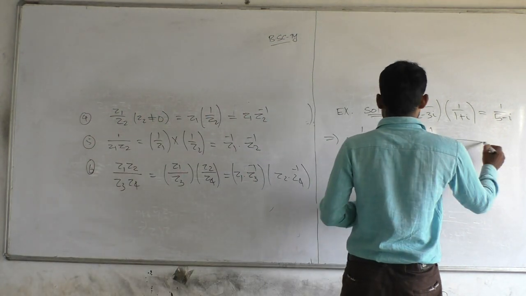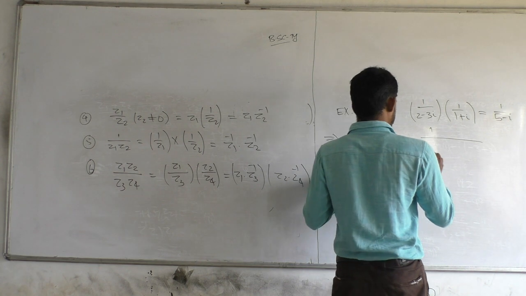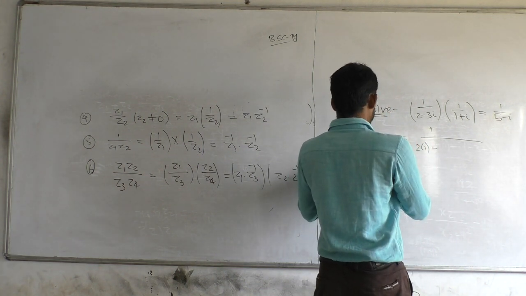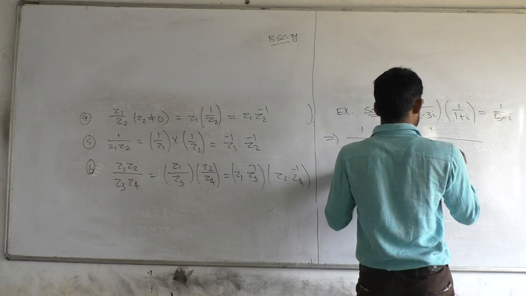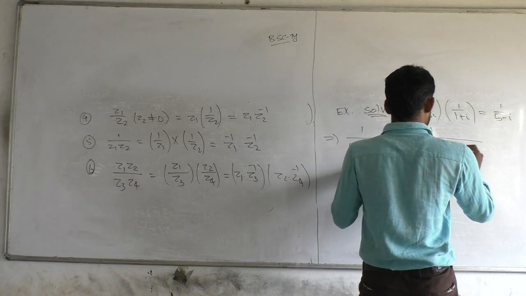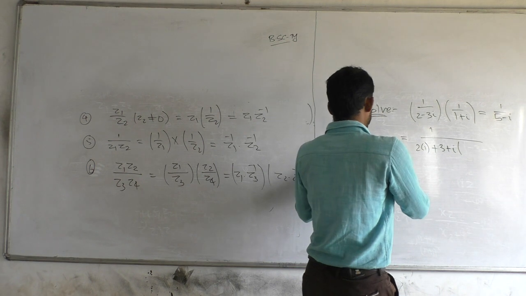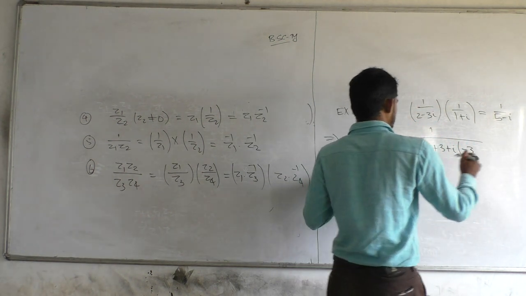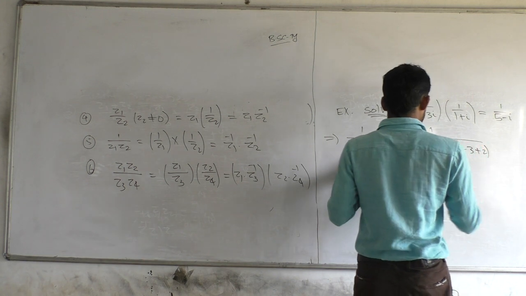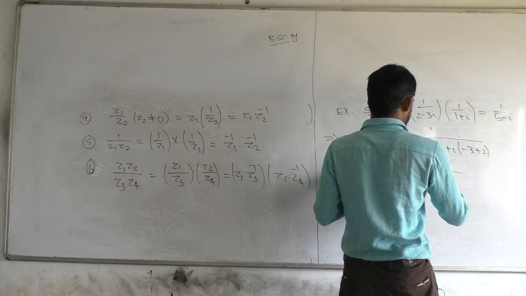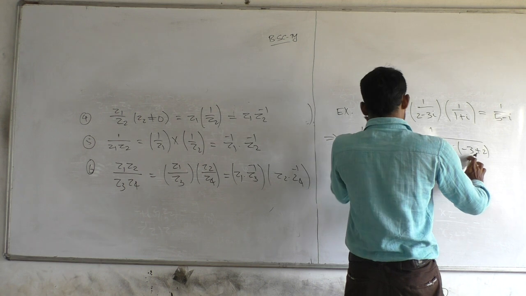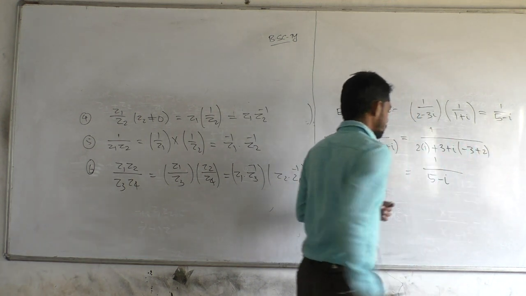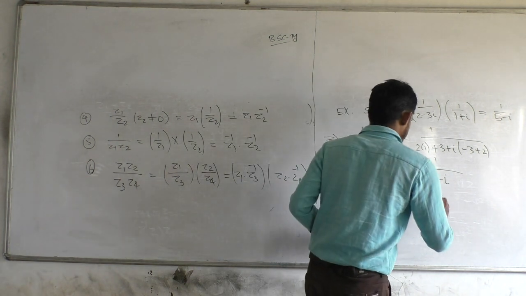Now if we multiply these two numbers, 2 into 1 minus 3 into 1, so plus 3, plus i times minus 3 into 1 minus 3 plus 2 into 1 plus 2. So it becomes 1 divided by 2 plus 3 is 5, and this is minus 3 plus 2, minus 1, that is minus i. So it is equal to the RHS.